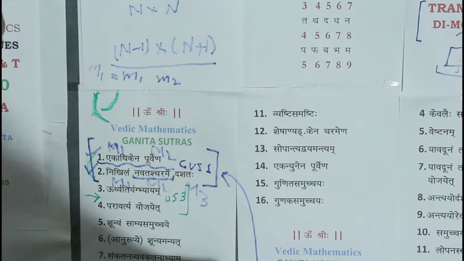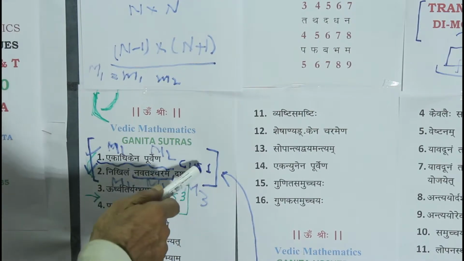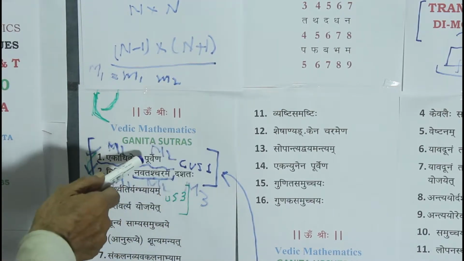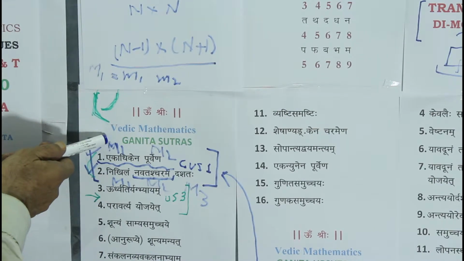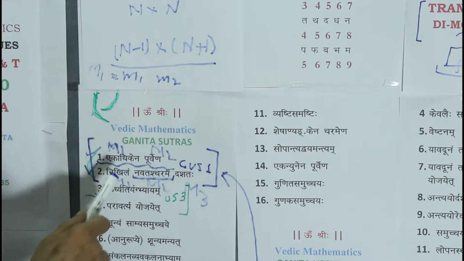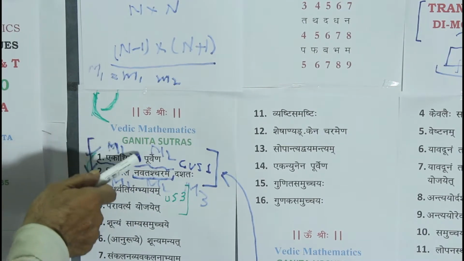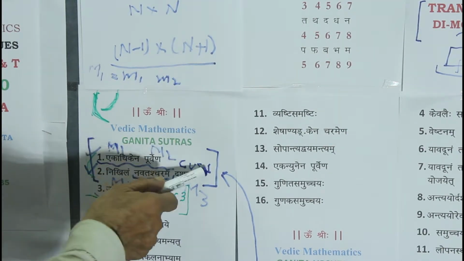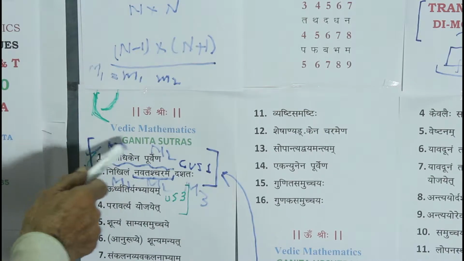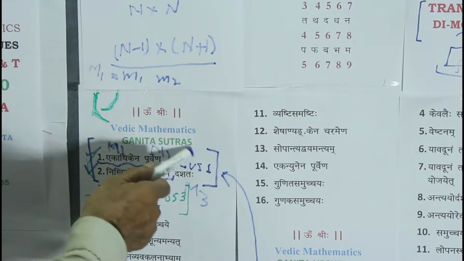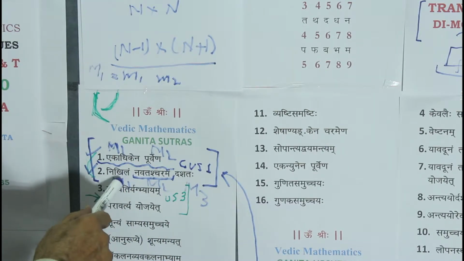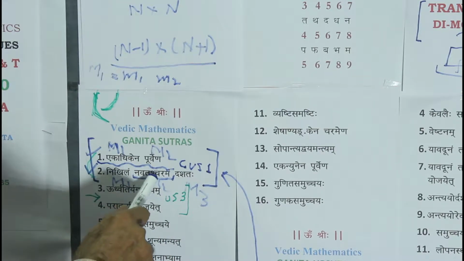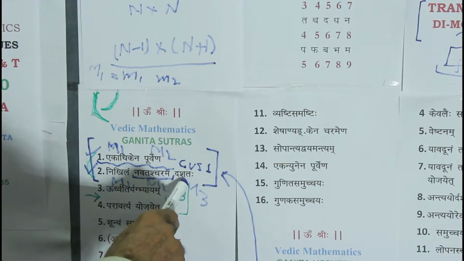Then we are having Anurupyena, another monad. This another monad's availability makes it one dimonad and a pair of monads. Here one dimonad and the pair of monads. So dimonad and a pair of monads are available to us, and it makes us a format that we have one format, one monad, and the pair of monads, dimonad and a monad.